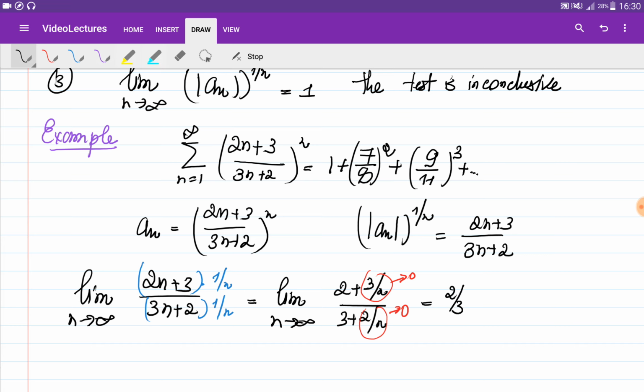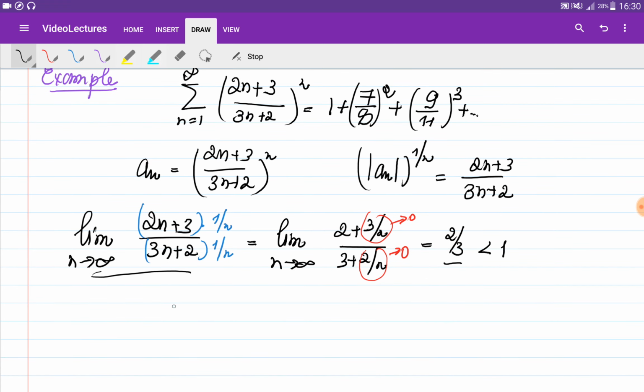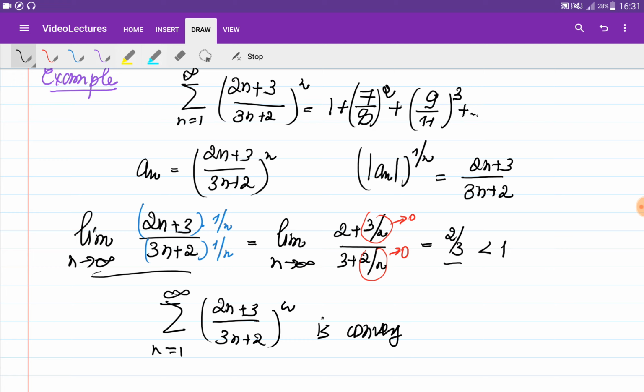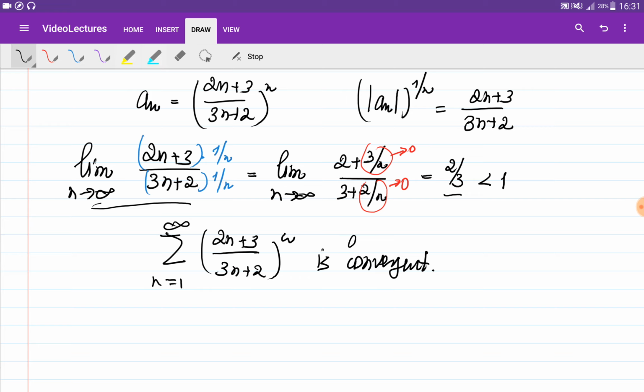So this limit exists and is equal to some number. That is why the series, the sum of (7n plus 3) divided by (3n plus 2) to the power of n, with n going from 1 to infinity, is convergent. And it is not only convergent, it is absolutely convergent.